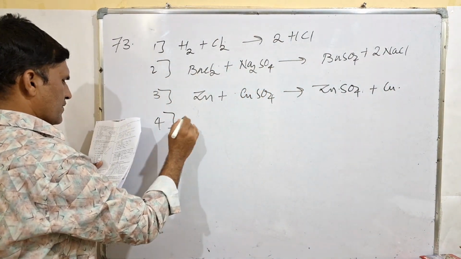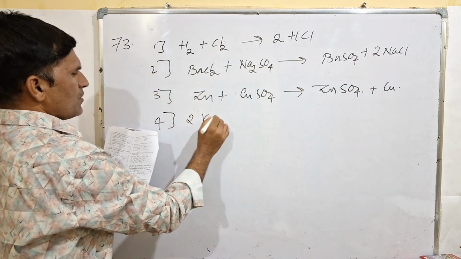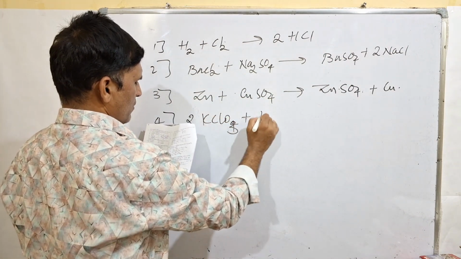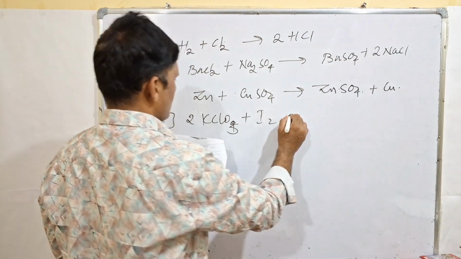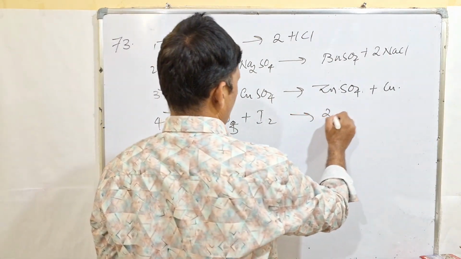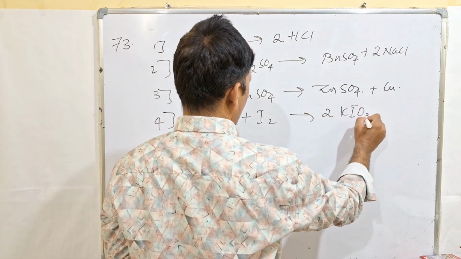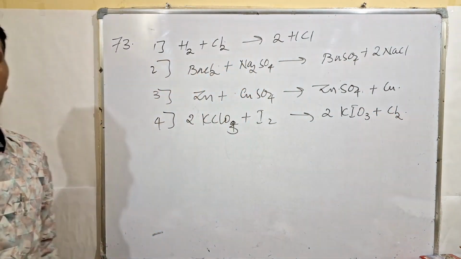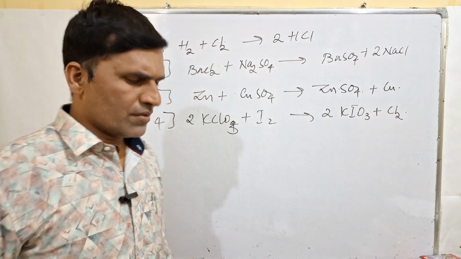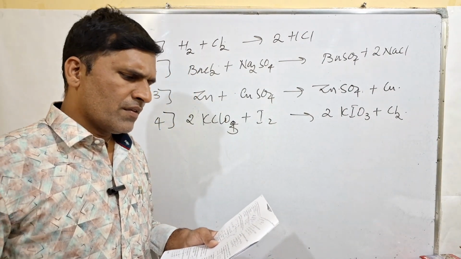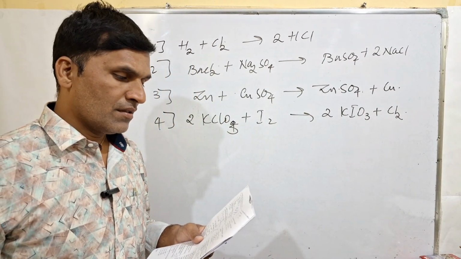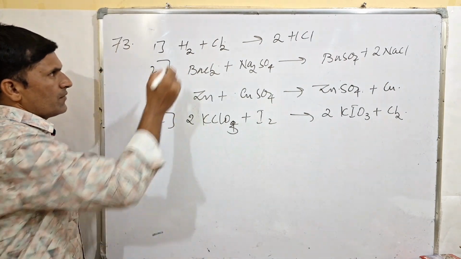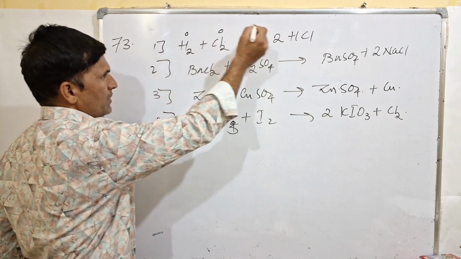Fourth option is 2KClO3 plus I2 to give 2KIO3 plus Cl2. A very simple way of getting the answer for this question: what is being asked? Which one of the following reactions is not a redox reaction? So you look into the oxidation states of this.